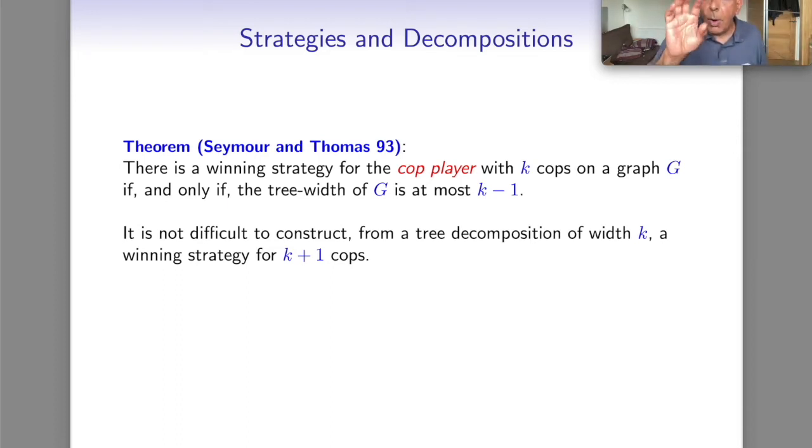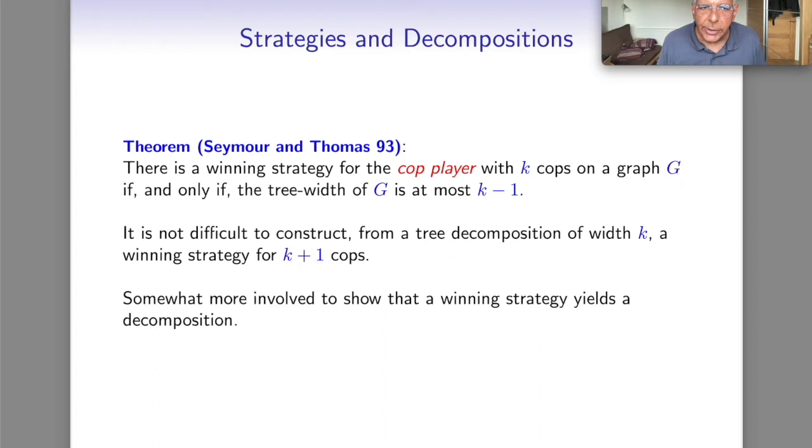So if the robber is not caught, the robber vertex appears entirely within one subtree of the decomposition from our current position. And essentially we have confined the robber to a portion of the graph, and we move the cops to now effectively the root of the subtree in which the robber is. And this process can carry on, pushing the robber further and further down towards the leaf of the tree decomposition until the robber is caught. Okay, so that's the easy direction.